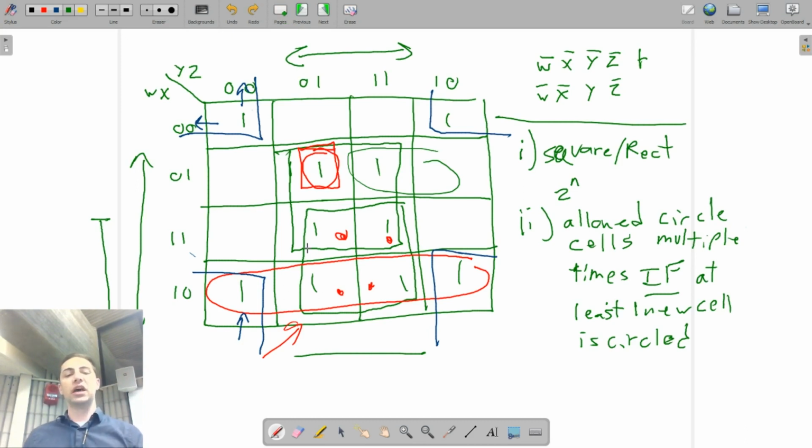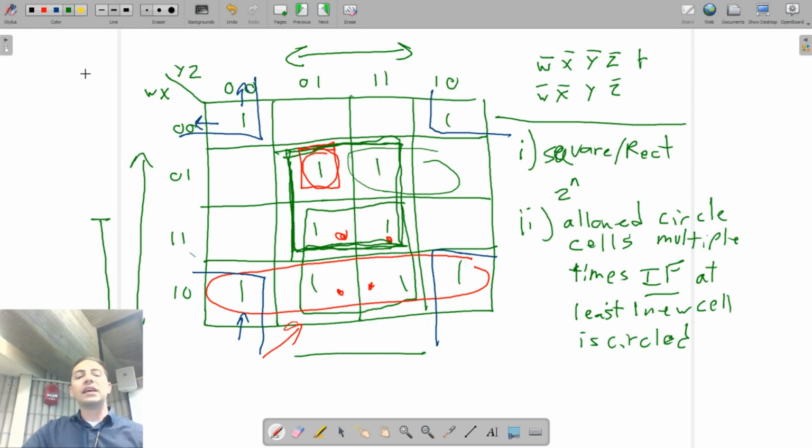And by 1, I mean a single cell that has 1. A prime implicant is the largest implicant you can make that covers a particular cell. So while this red box here is an implicant, this green box is a prime implicant. If we're reducing things, we should only ever be circling prime implicants.